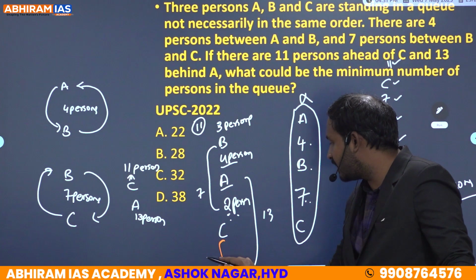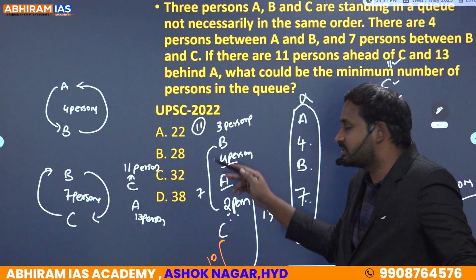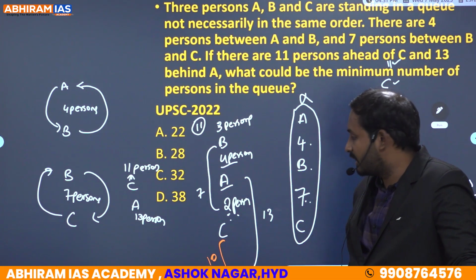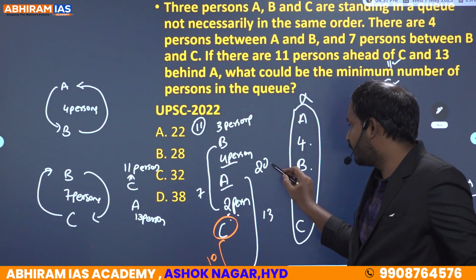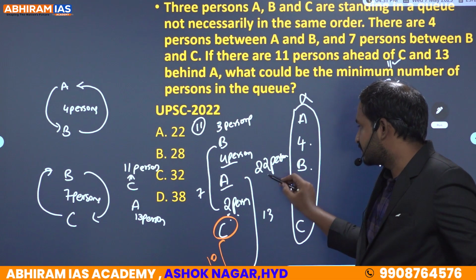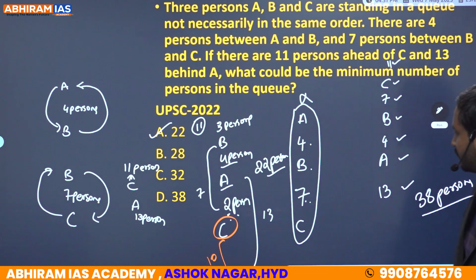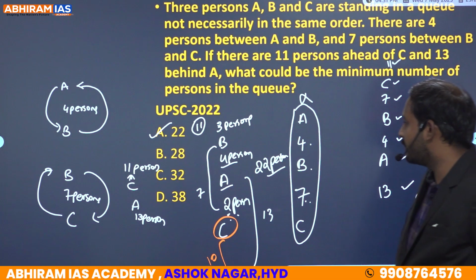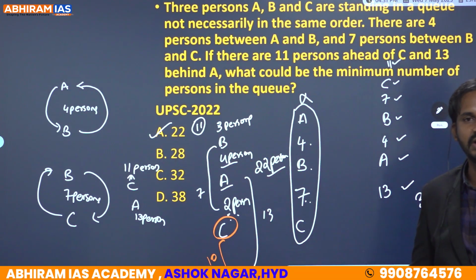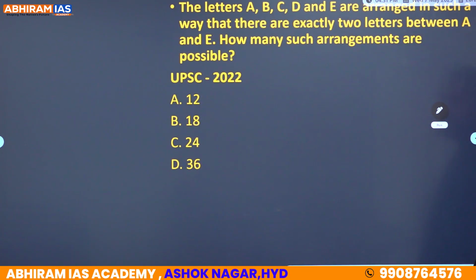Then after C I will have 10. After C 10 and before C 11, overall 21, and including C we will have 22 persons. So the minimum possibility is 22 and the maximum possibility is 38. So the minimum number possibility for us here is 22. Understood? Right. Next one.